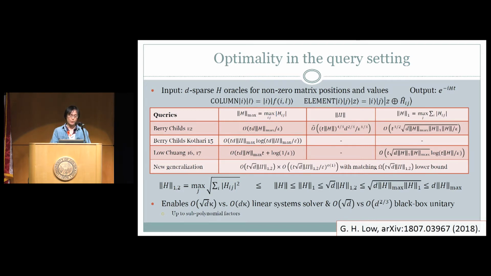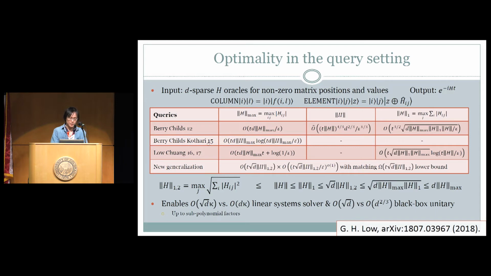And in this framework, there have been many results over the years, and unfortunately, I can only show a few of them. The main takeaway message here is that people usually express cost in terms of a few factors that you know beforehand. For instance, you might know the maximum value of any term in your Hamiltonian, that's Hmax. You might know the number of non-zero elements, that's the sparsity d, and you might pick a target error and a target simulation time.